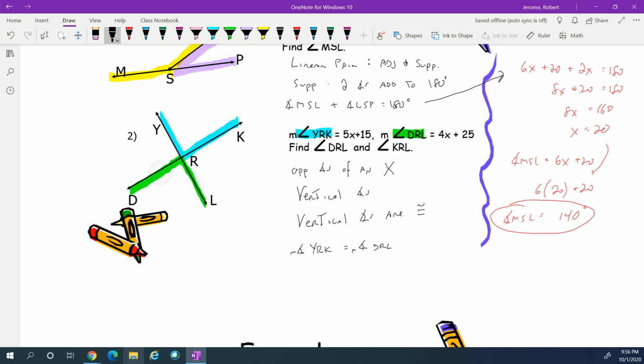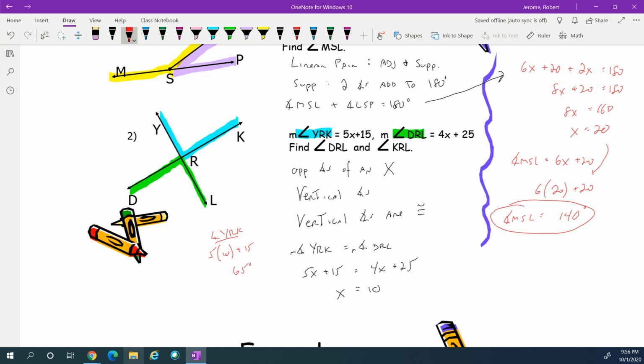So let's just plug it in. 5x plus 15 equals 4x plus 25. We'll work out a little algebra here. X is 10. And let's see what we were asked to find. I'm going to say plug it in everywhere. And then we'll figure it out. So we have 5 times 10 plus 15. This is YRK.